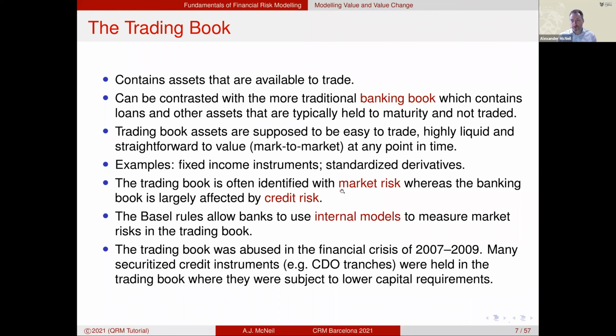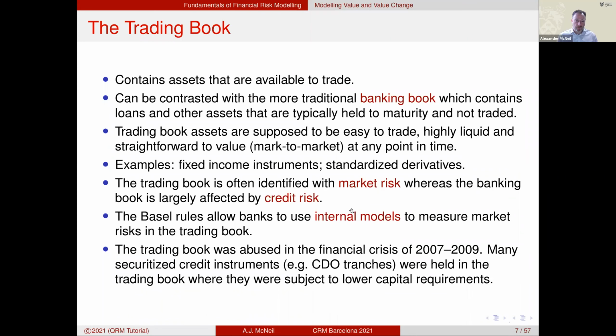So there is a crude dichotomy between market risk in the trading book and credit risk being associated with the banking book and lending activities, although it is not as simple as that. I'm not going to talk at all about credit risk today. I've done quite a lot of research on it and it is a big part of my textbook, but I'm going to concentrate on market risk as it affects the trading book.